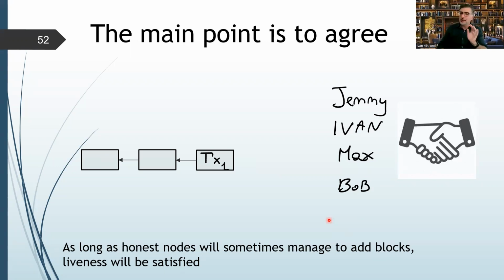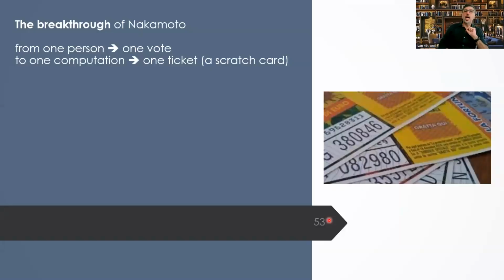The idea of Nakamoto is that no, let's not go in this direction when we try to vote. Let's try to find something more concrete. And the breakthrough of Nakamoto was to switch from the idea of one person, one vote, that, as I mentioned before, makes no sense in the permissionless setting because of the Sybil attack, to the idea of one computation, one ticket. So there is a lottery here now.